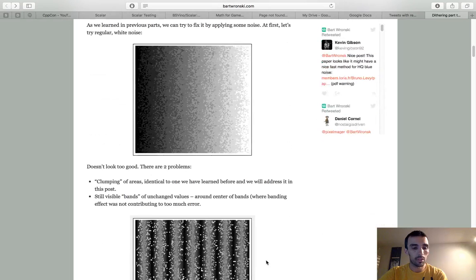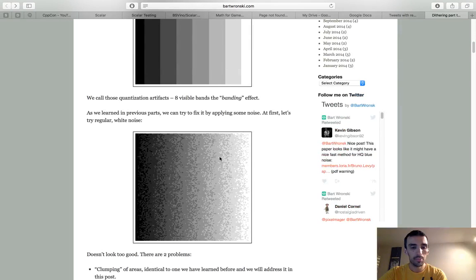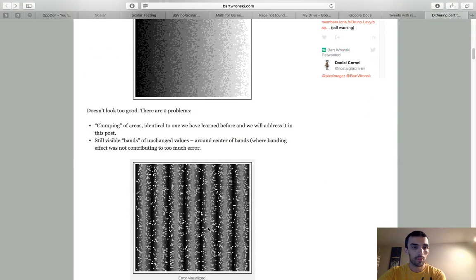So it's pretty good. Here you can notice the dithering, but if you do this technique, you apply random noise, then you can't notice the banding at all, and you can't notice the dithering at all. So it's really great.